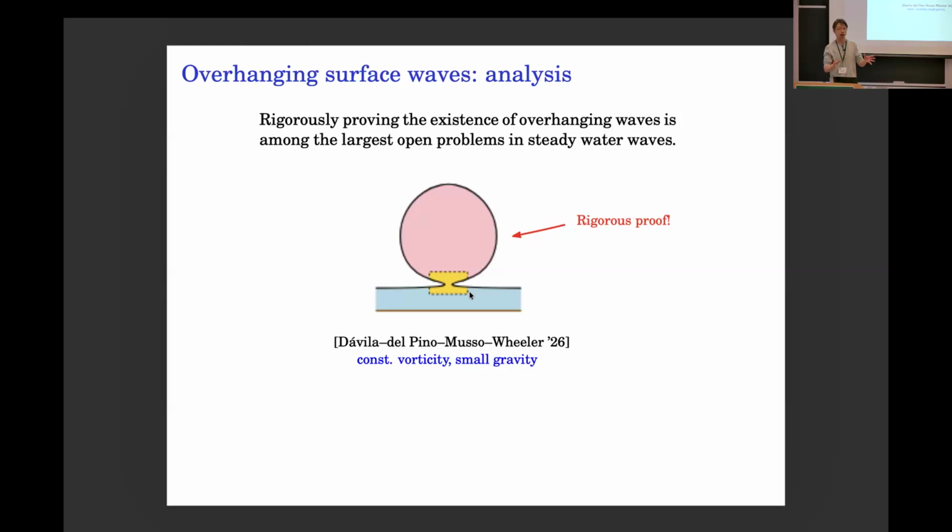That's their starting point. They start from there and turn the gravity on by a little bit. They perturb the gravity a little bit, so they open up this neck and, through some very delicate analysis, manage to glue them together. This is a perturbative result, but it's probably the only rigorous justification I can find which proves the existence of these waves. This is a small gravity result.